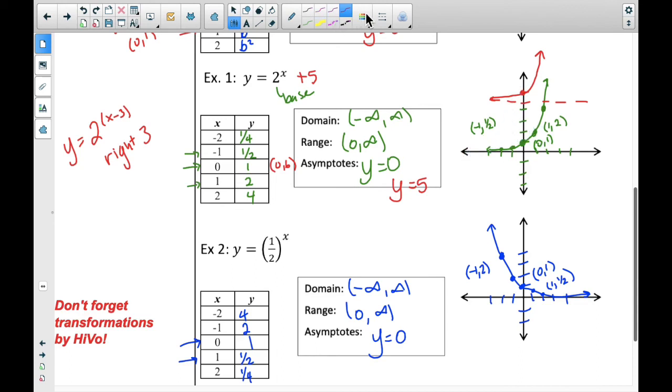And again, I think if you draw this, it's going to be kind of junking up your graph too much, but I can move this over 3 points, and I can move this over 3 points, and so forth, and I would have a graph like this. Okay, so just a little bit of review of HIVO. I don't think we get into that a whole lot in the problem set, but there's a couple of them maybe that I want to make sure you did see that.